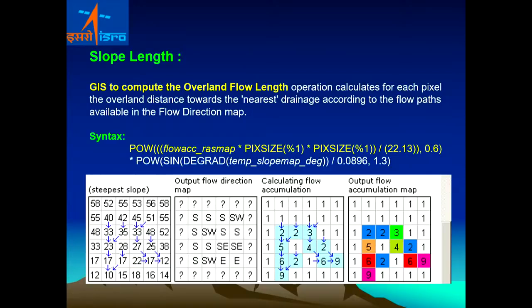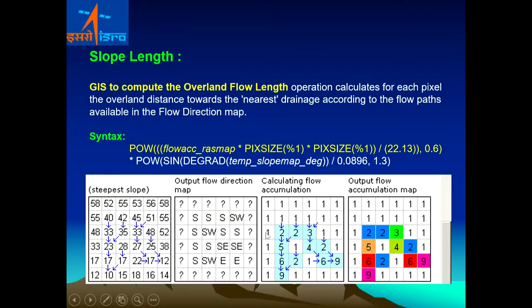Suppose it is receiving from 2 pixels, you multiply this 2 with the pixel size. If the pixel size is 20 meters, then 2 into 20 becomes 40. Then 40 becomes your slope length, the flow length. If you divide by 22.13, you can calculate the L factor. So the L factor can be very easily calculated.